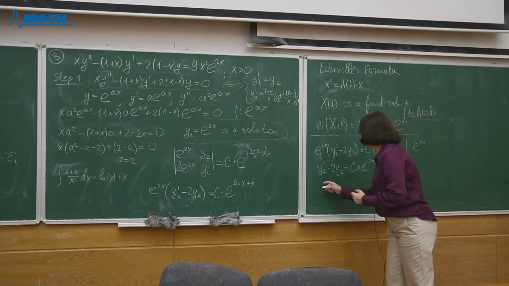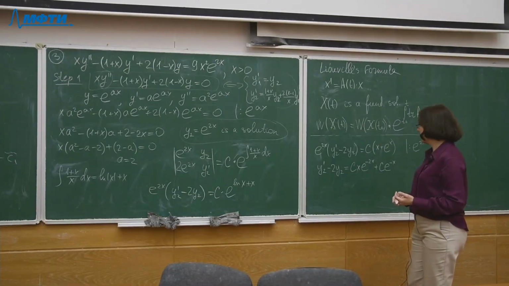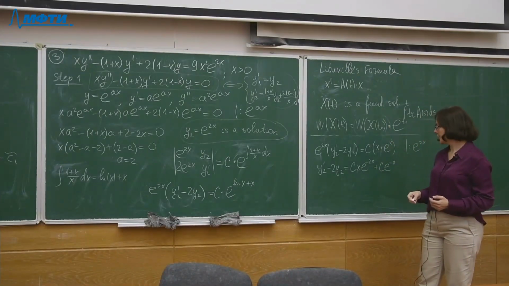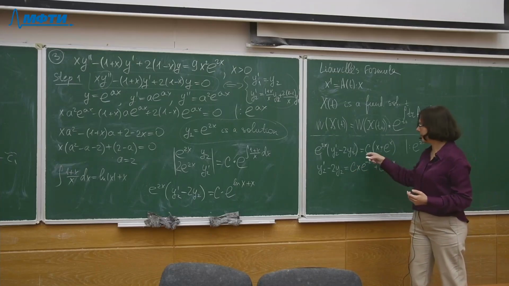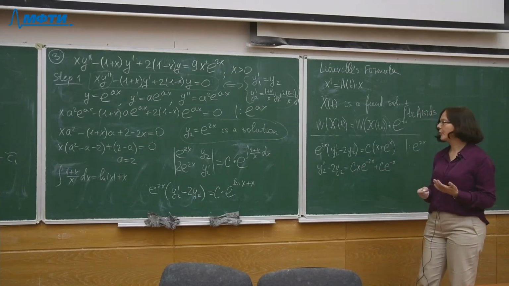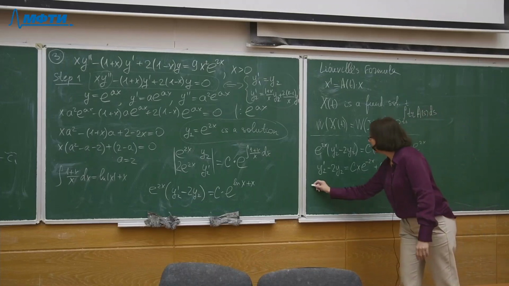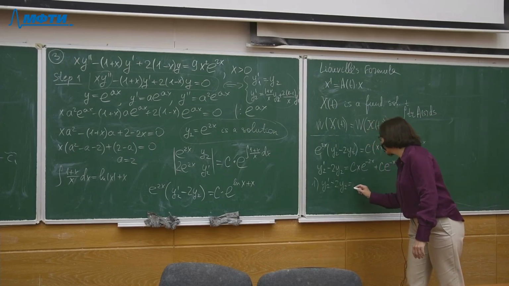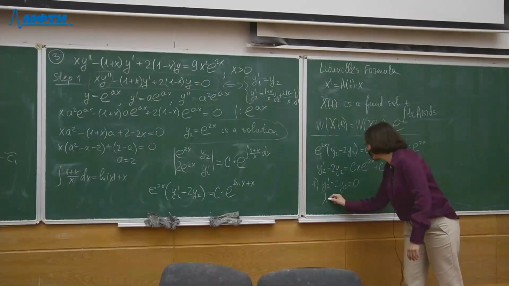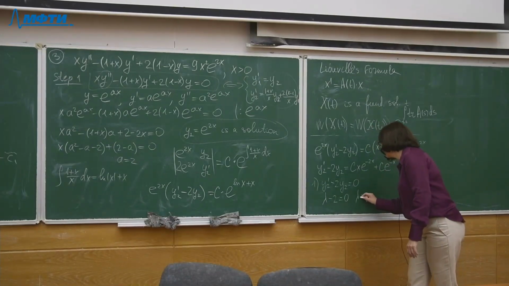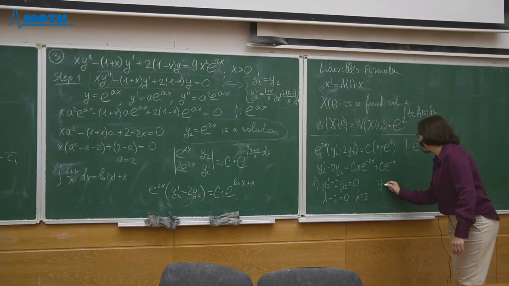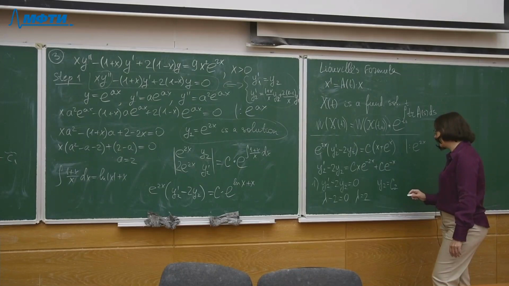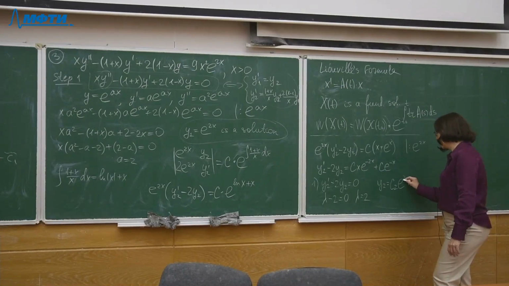Well, let's try to solve this equation. It has constant coefficients, and it has a right-hand side that is a polynomial times exponentials. First we solve it with the right-hand side equal to 0 from the characteristic equation, and the answer will be y2 equals c2 e to 2x.